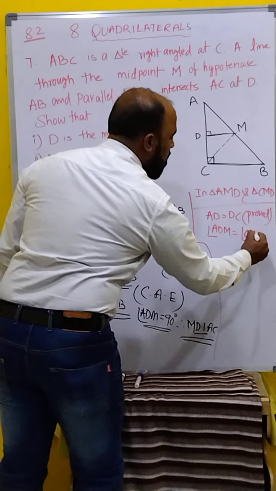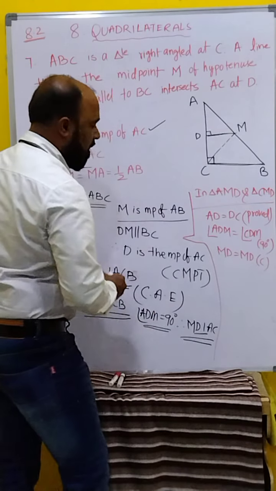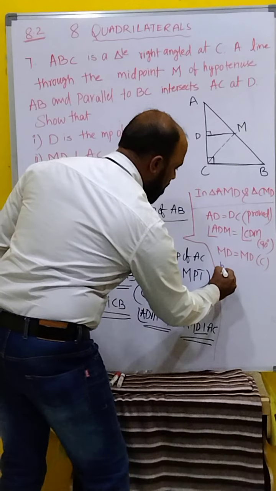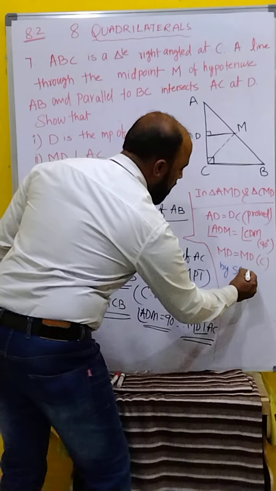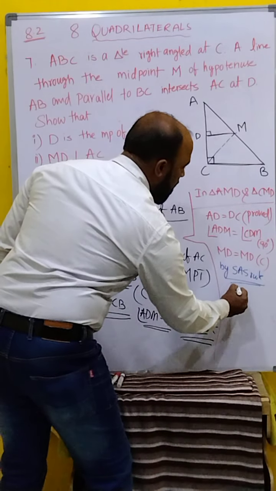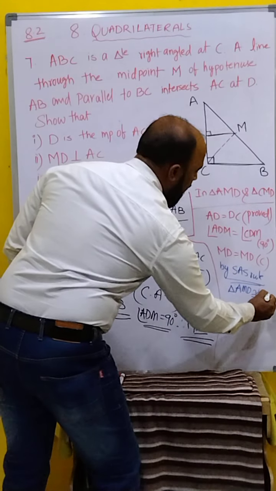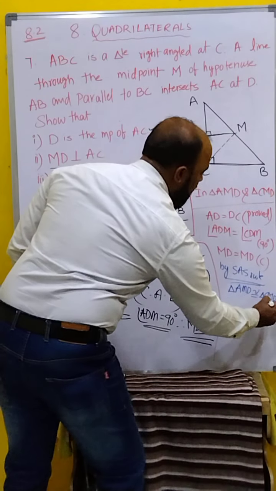And last one, MD is common. MD is equal to MD. What is the working rule here? Congruence rule by SAS. By SAS rule, triangle AMD is congruent to triangle CMD.